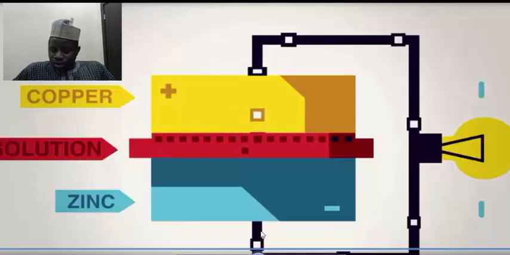So when you put a bulb along the wire, the bulb can glow because there is a flow of current, and this energy is due to the motion of the charge carriers coming through the wire to the solution. So this is the origin of current electricity.